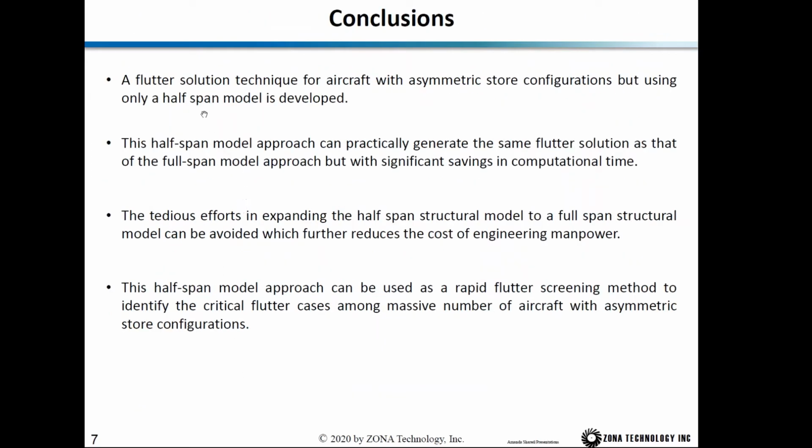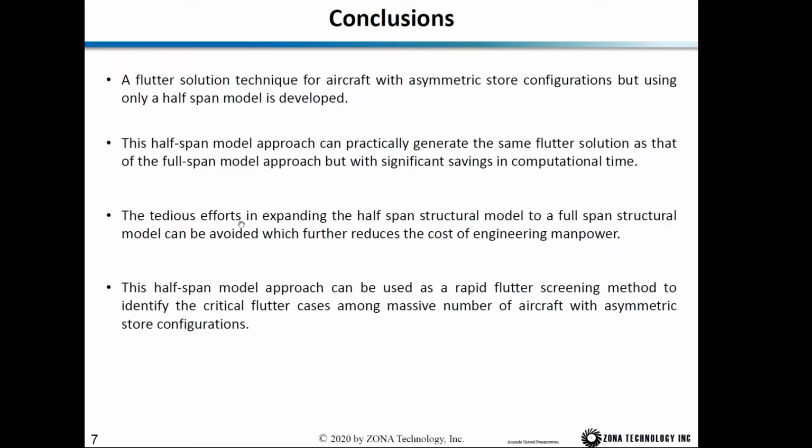So the conclusion is that we have developed an asym module to do Flutter analysis for aircraft with asymmetric store configuration, but using only a half-span model. This half-span model approach can practically generate the same Flutter solution as that of the full-span model approach.